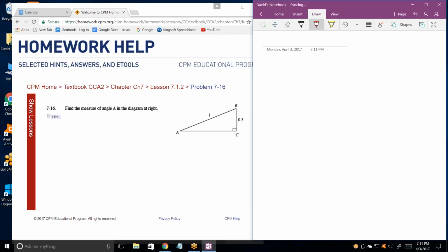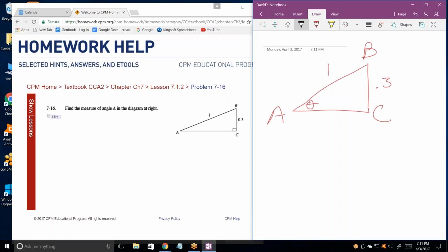So let's look at this triangle. And what we really want is the measurement of theta, right? When they say find A, they mean find theta. Clear on that? Yeah. Well, what trig function relates 0.3 and 1?